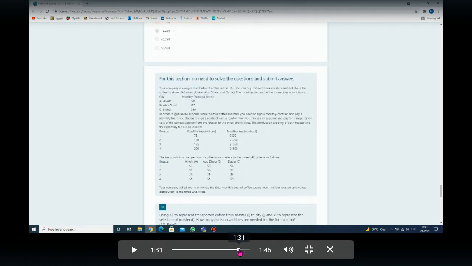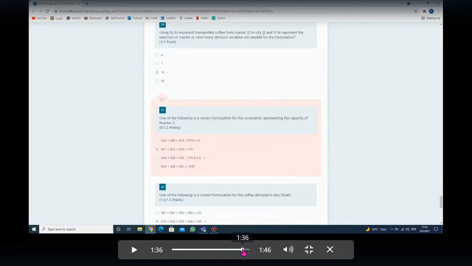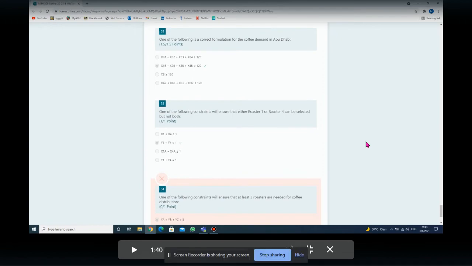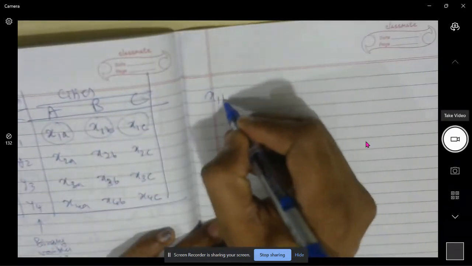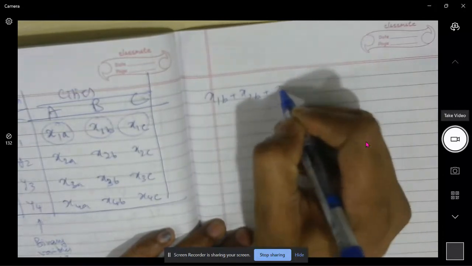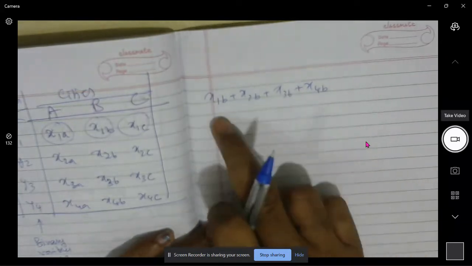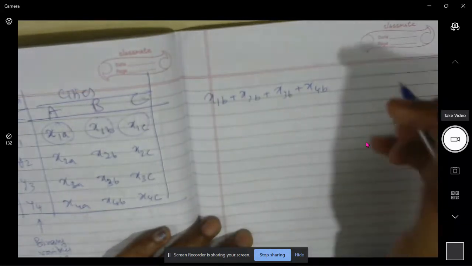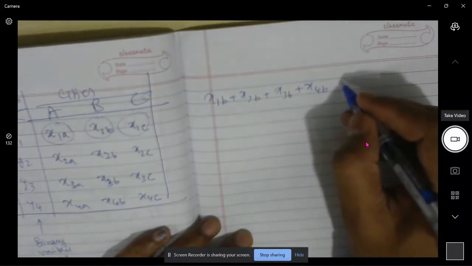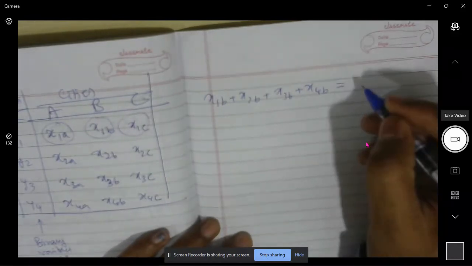If I go back, Abu Dhabi is designated as city B. So for city B, what is the total demand? If I add all these things, I get X1B plus X2B plus X3B plus X4B. This is the total supply reaching city B, and this has to be equal to the demand of city B. So what is the demand?